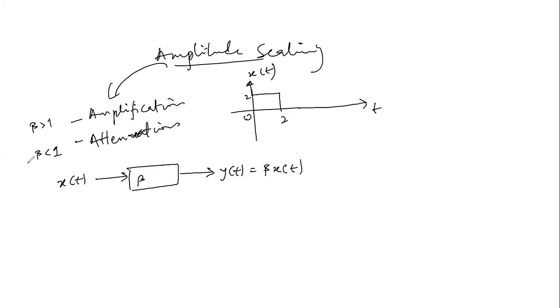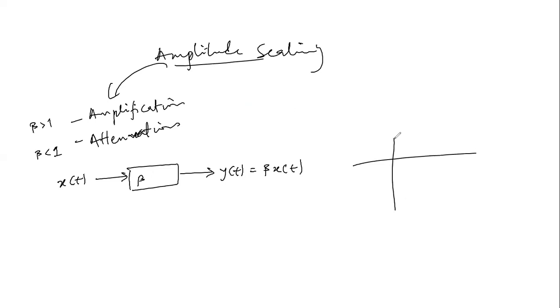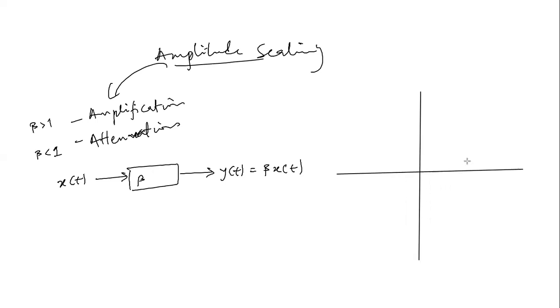I think I need to switch this signal to a better place. So let's position it this way. Let's assume this is my scale. Let's use a straight line. So let's say we have this, and then we have this.